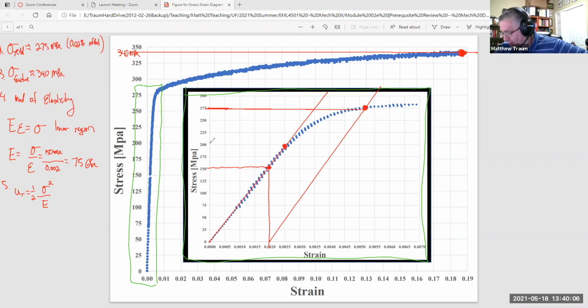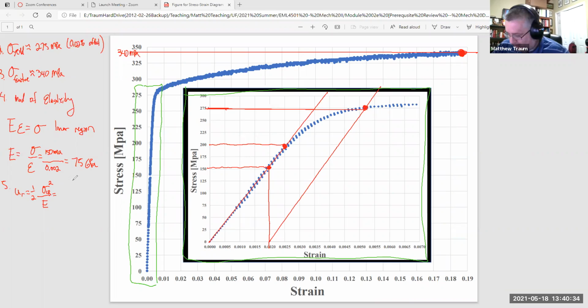And so I'm going to calculate my modulus of resilience based on the stress at that spot, because that's the place where I'm still entirely sure that I'm in the linear region and I can absorb all of the energy that I put into the sample without any plastic deformation. So I'm gonna just refer to this as sub LR for linear region.